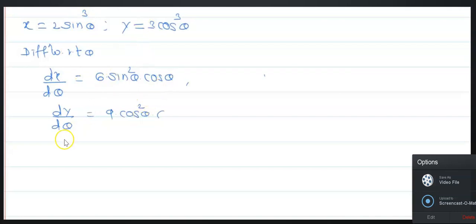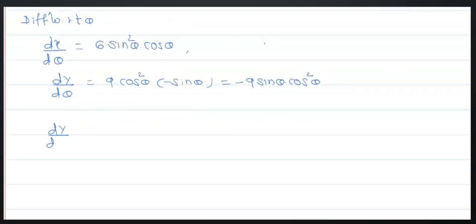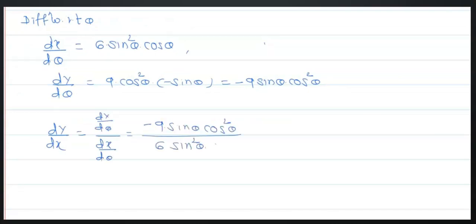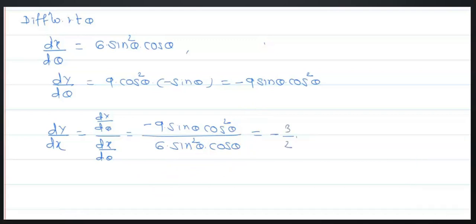Also dy by d theta is 9 cos square theta into the derivative of cos theta, which is minus sine theta. So dy by d theta upon dx by d theta is equal to minus 9 sine theta into cos square theta upon 6 sine square theta into cos theta, that is minus 3 by 2 cot theta.